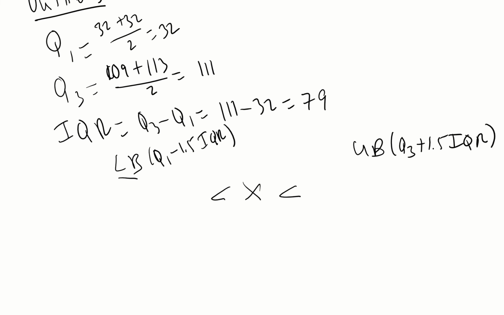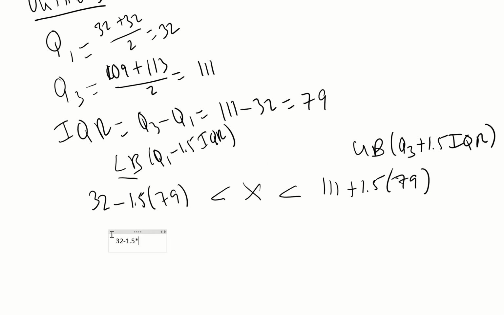All right, so 32 is my lower quartile, so 32 minus 1.5 times 79. And then my upper bound is 111 plus 1.5 times 79. All right, so let's go ahead and figure out what those are.